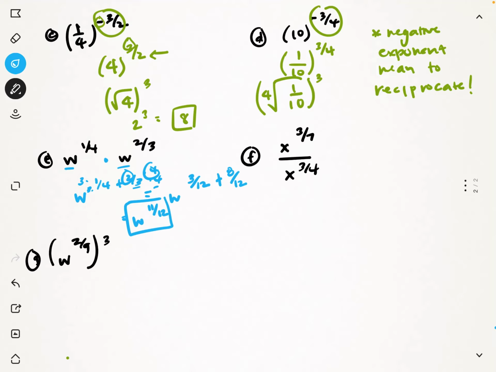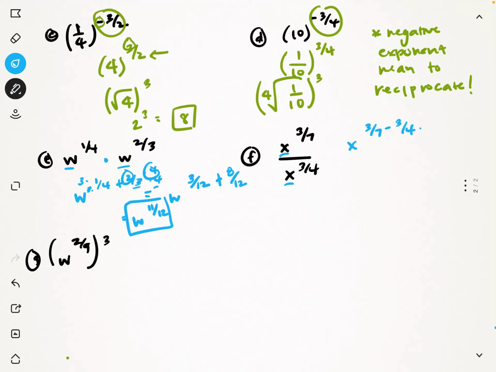Okay, similarly, we're going to do our quotient rule here. When we are dividing numbers with the same base with exponents, we're going to subtract our exponents. So we're going to do x to the 3/7 minus 3/4. Again, we're going to have to multiply.